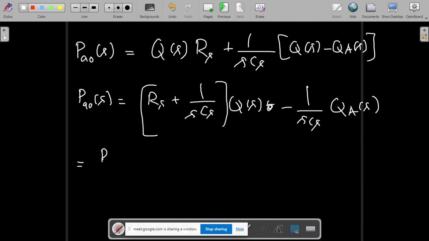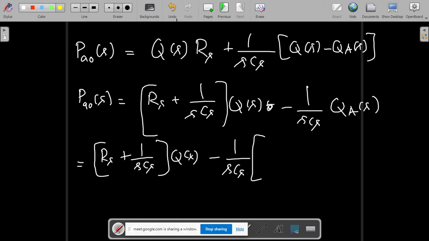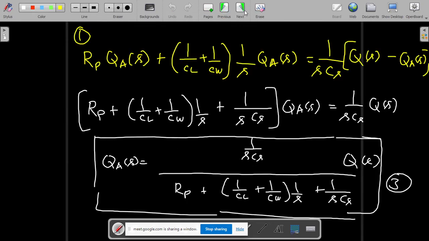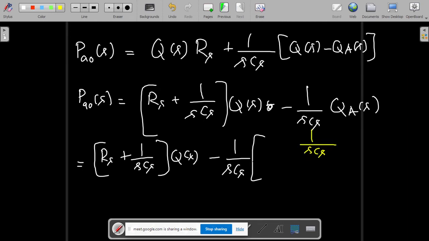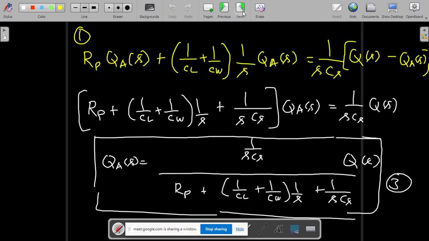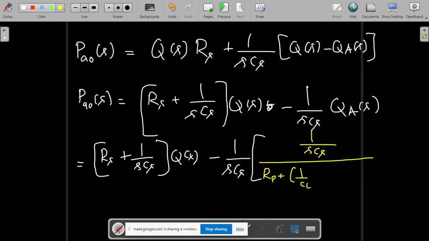Okay, so it becomes RS plus 1 by SCS into Q of S, minus 1 by SCS into the equation that we have obtained, that is 1 by SCS divided by RP plus 1 by CL plus 1 by CW into 1 by S plus 1 by SCS, this into Q of S. So in the last equation we have got a relation between QA of S and Q of S. Okay, so we are going to solve this one.